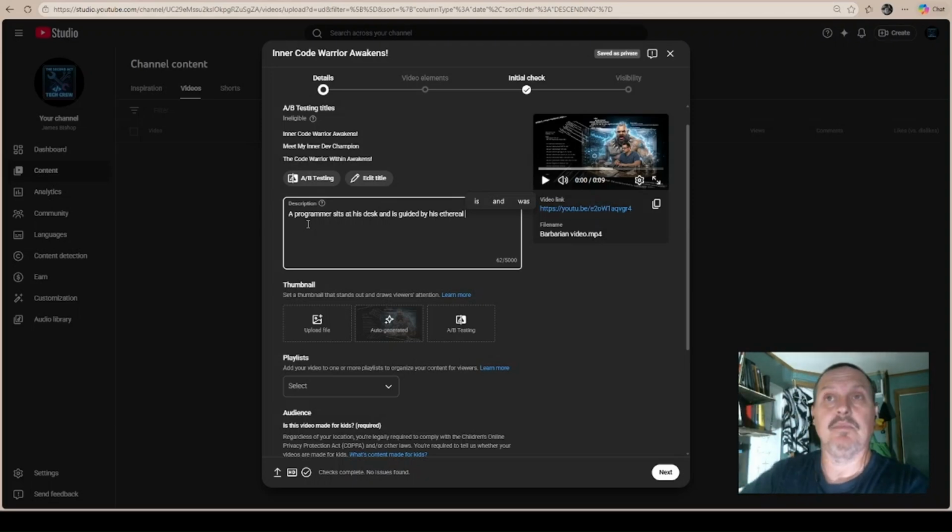I still do it actually, for a long time. If I write long-handed, whether I'm writing print or cursive, if I don't stop to think about what I'm writing, like if I was doing this sentence, a programmer sits at his desk and is guided. If I was in a hurry and writing that out on a notepad, there's a good chance I would stop at the word guided or ethereal.